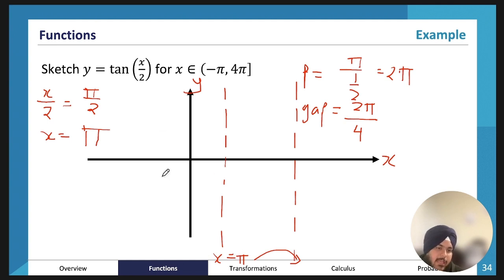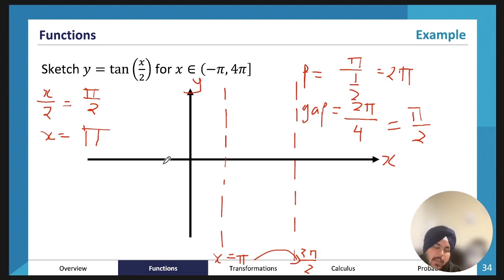Then it will be at pi minus the gap. Sorry, I'm doing the gap incorrectly, 2 pi over 4, or 2 pi on 2. Sorry, it was pi on 2 the whole time. So it's pi plus pi on 2, which is 3 pi on 2. 3 pi on 2 can then further be converted into 5 pi on 2, but we'll go back.